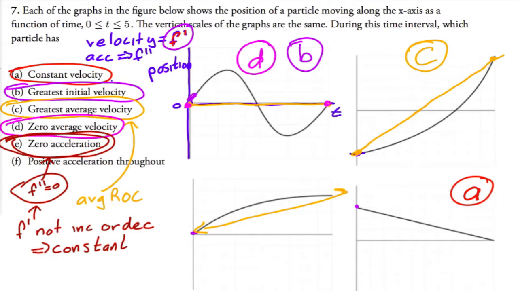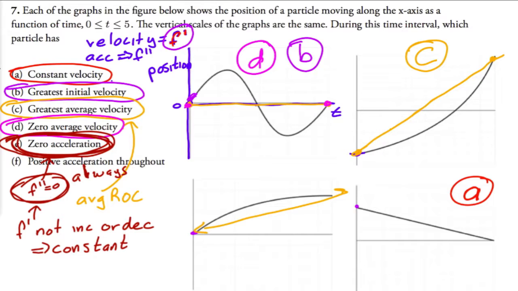So in this case, if it's zero acceleration throughout, so if it's always 0, that's what this is saying, then that means that the second derivative is always, not just at one point, but throughout the whole time, equal to 0.